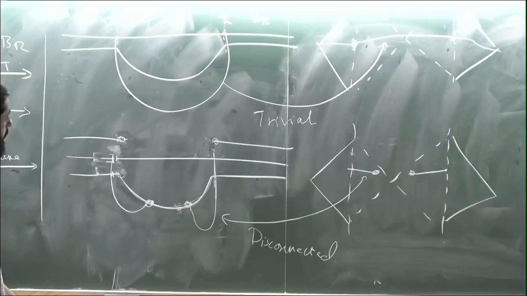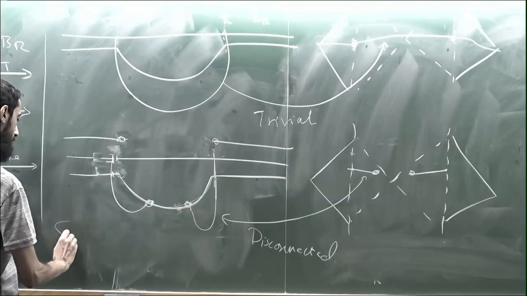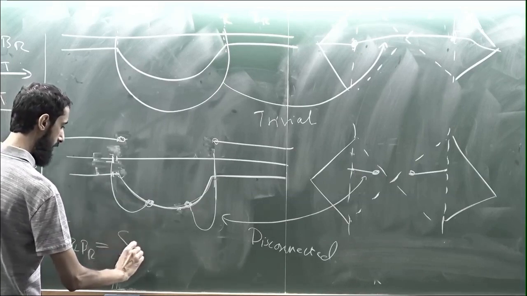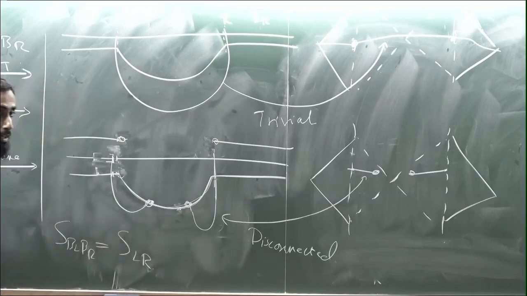And I emphasize that S_BL-BR is automatically equal to S_LR in the computation of entropy holographically in 3 dimensions. This is imposed by the minimality constraint. So let me say now a few words. This is true in both the cases. In both the cases, yes, at all times.